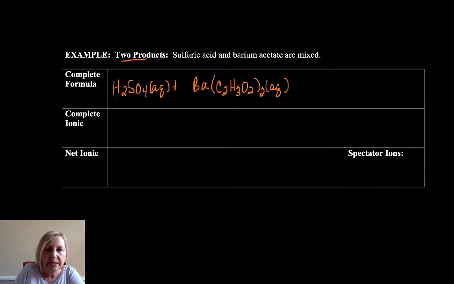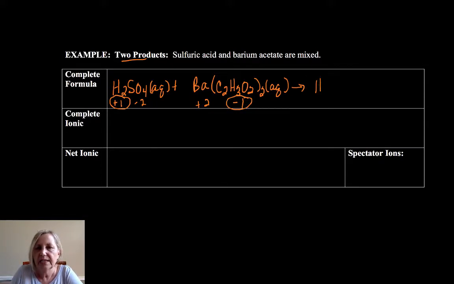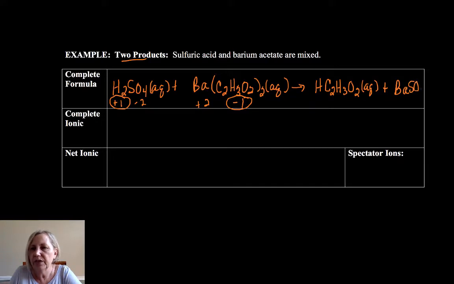So that's +1, -2, +2, -1. That means the +1 in the acid is going to go with the -1 of that salt, and I'm going to make HC2H3O2. That's aqueous, it's an acid, and then I'm going to get barium sulfate. And if you look up your sulfate solubility rules, you'll see that that forms a solid precipitate.